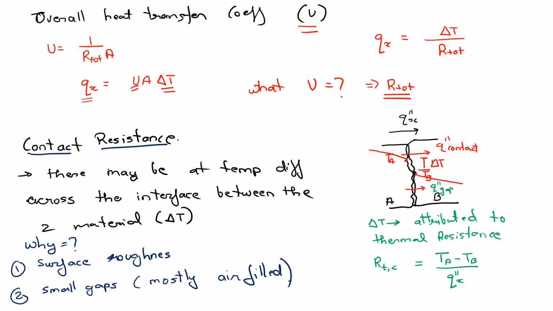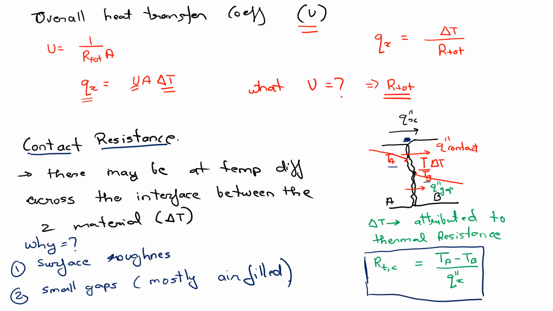Again, read the problem that you're given. If your interface is not at the same temperature for both the composite materials, say your interface right here has two different temperatures TA and TB, that means a finite contact resistance exists.